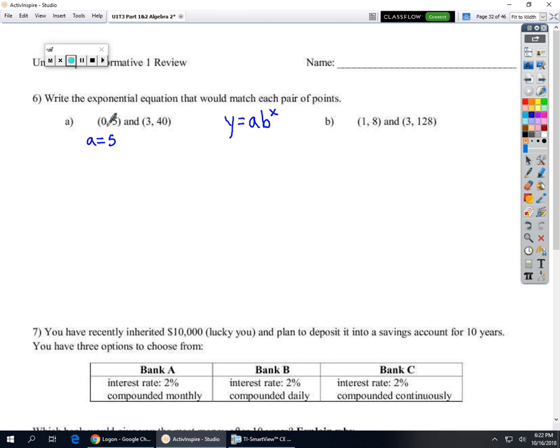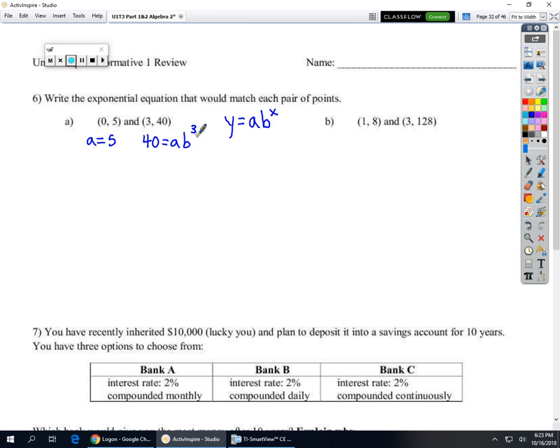So now that I have a equals 5, let's put this point into the equation as well. So y is 40. So 40 equals ab to the power of 3.